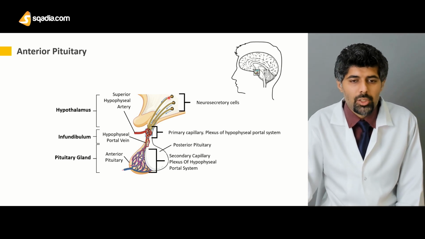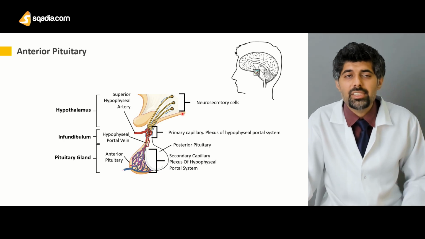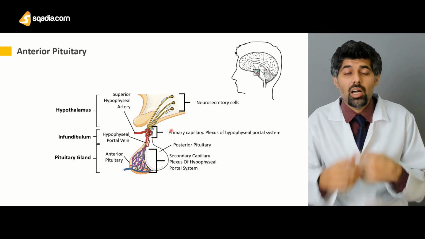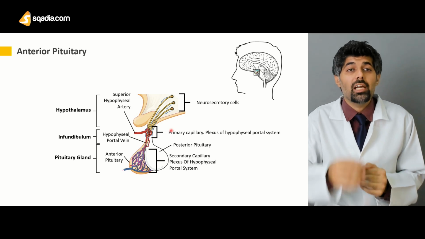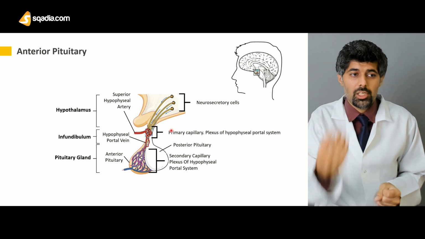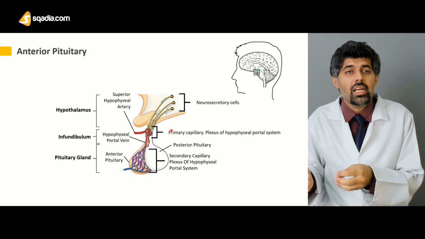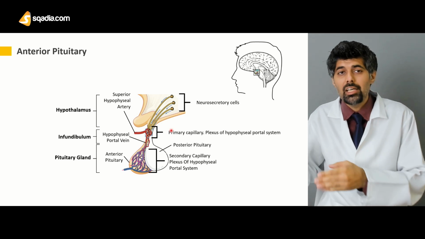Now, these are the neurosecretory cells. Now, these neurosecretory cells do not have a direct impact on the anterior lobe of the pituitary gland or the anterior pituitary. Why? Because they only have an effect that is indirect.